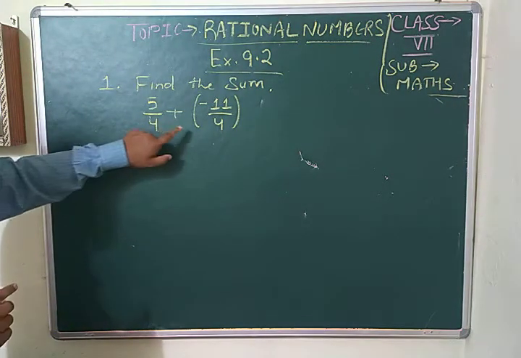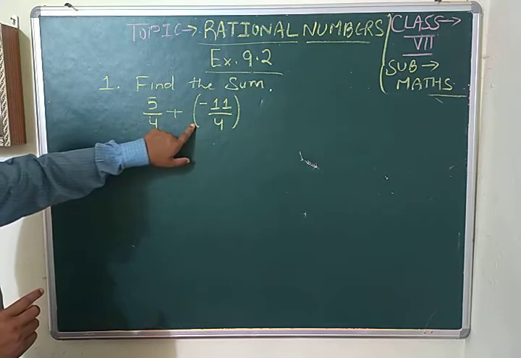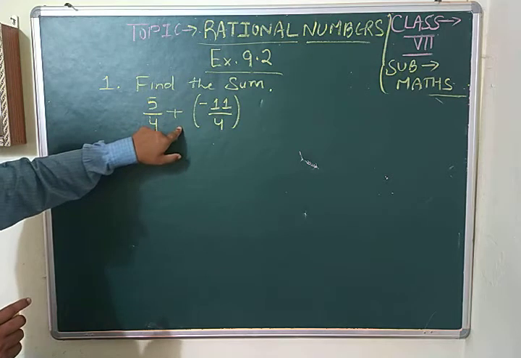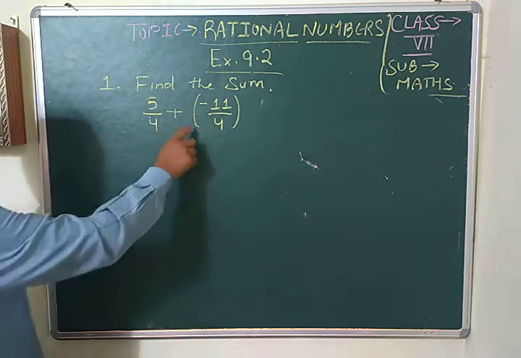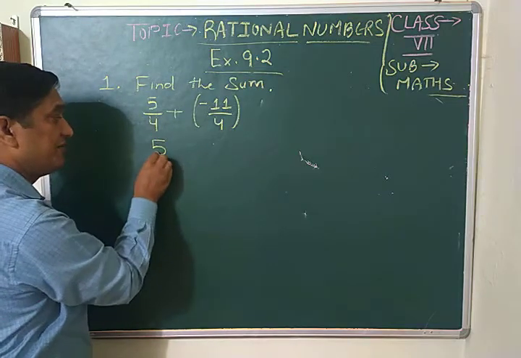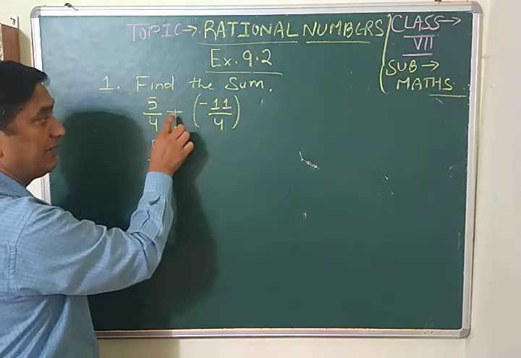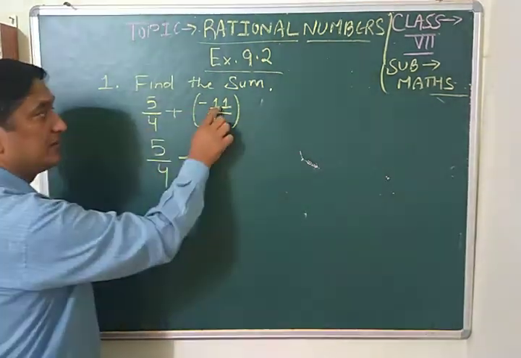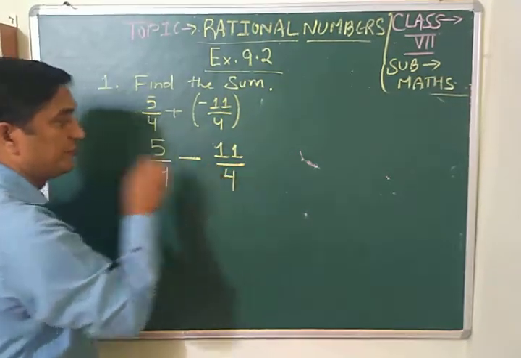First of all, here we have a plus sign, then this bracket. Bracket means multiply. According to BODMAS, we remove the bracket. It becomes 5 upon 4 plus minus, because plus multiplied by minus gives minus, 11 upon 4.